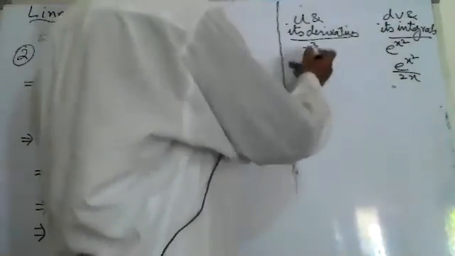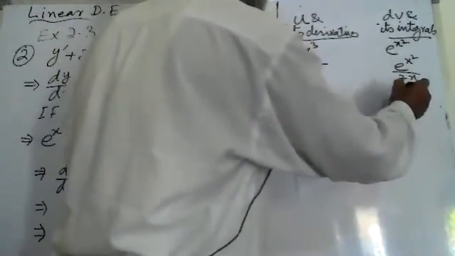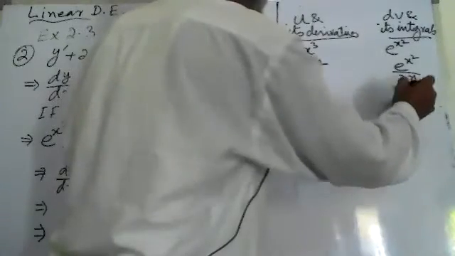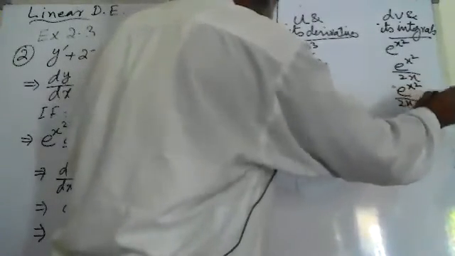Okay, now the derivative of x cube, 3x square, its derivative will be 6x, and its integral will be equal to e raised to power x square upon 2x, and then again the integral is e raised to power x square upon 4x square into 2x.